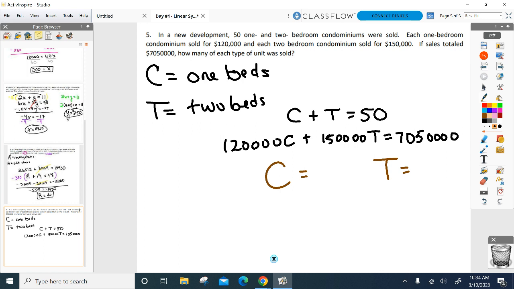You know what? I'm cool. That's right, got to subtract out the 120,000. That makes sense. I'll make the test really show work, or I would at least need to see your two equations if you just put it in the calculator.